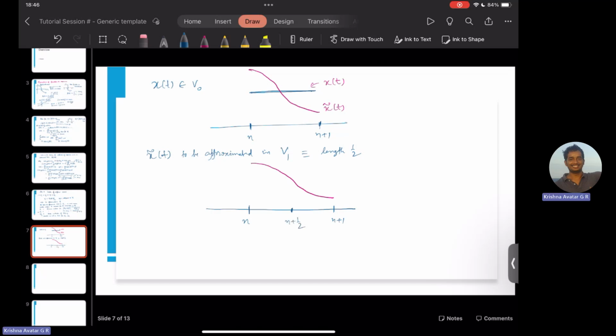Now in this framework, what would happen is, we have divided our signal into two parts, and we will have this as the averaged part and this as the other. So in a sense, we are approximating it more closely. So this is a finer approximation.